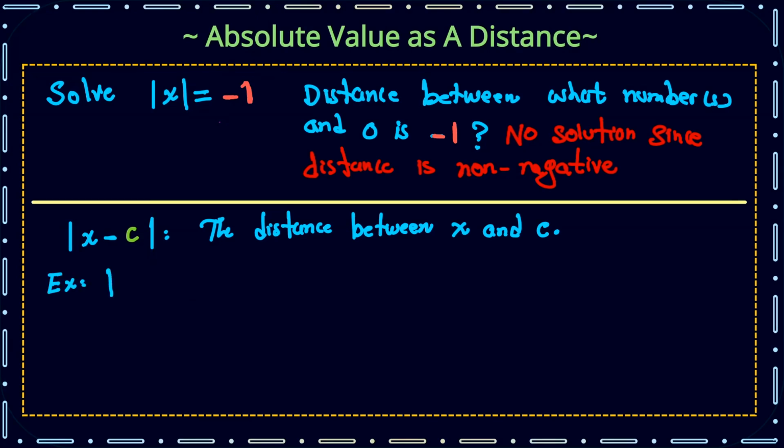Absolute value of x, where x could be any real number, minus 2. Interpreted as the distance between x and 2. We can see this in action by choosing some values for x.